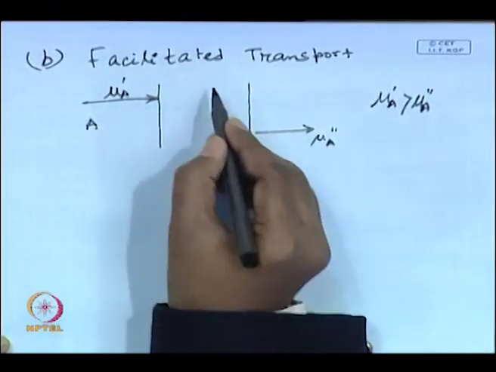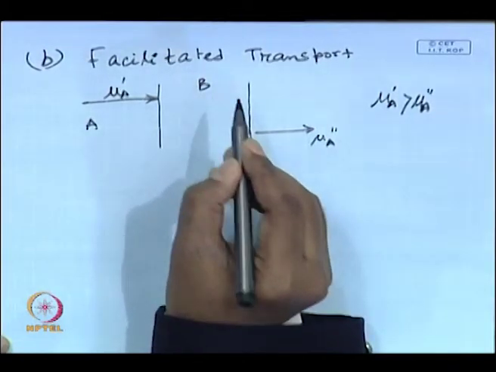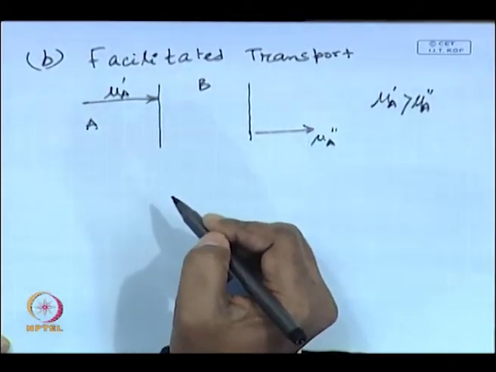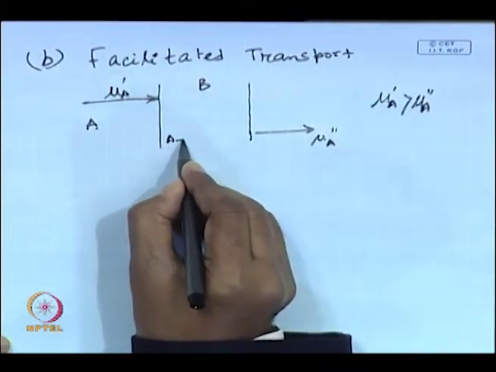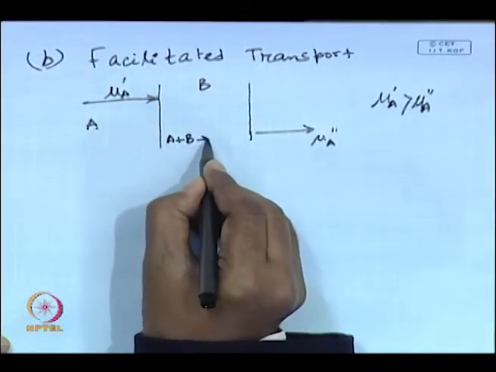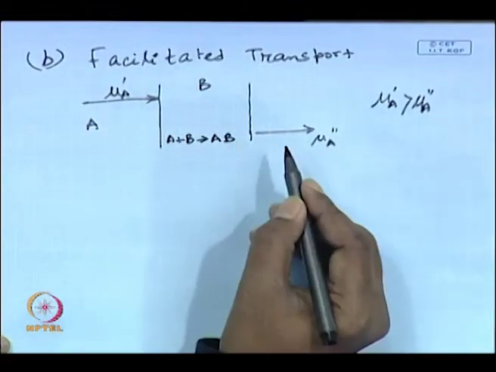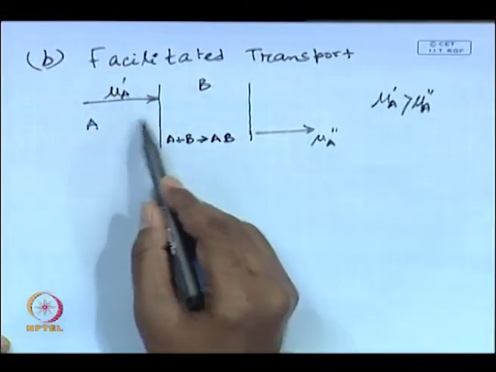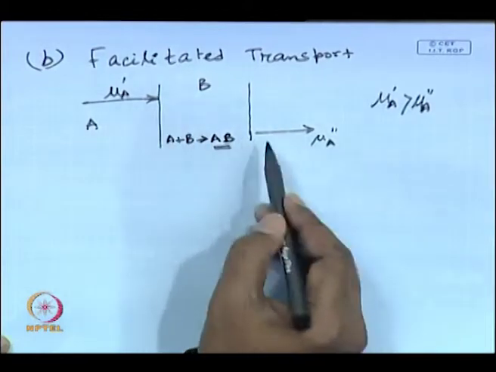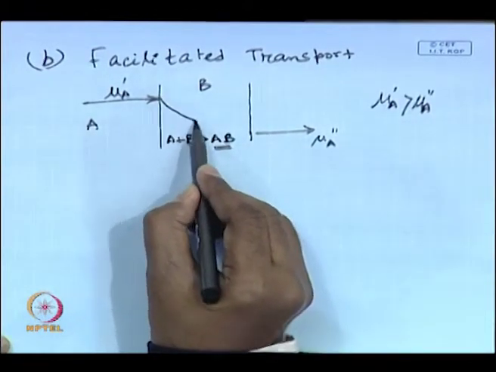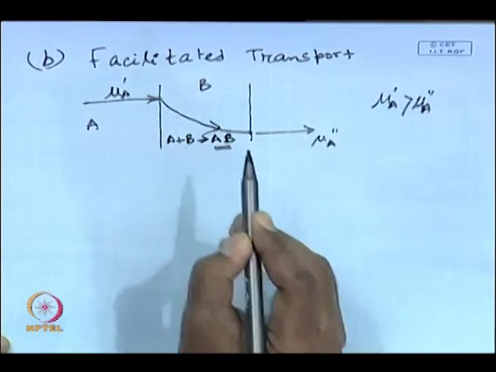But the point is, there is an agent B present in the membrane phase, which forms a complex AB with the permeating species A, and that complex will be transported. So, here the transport rate will be more.